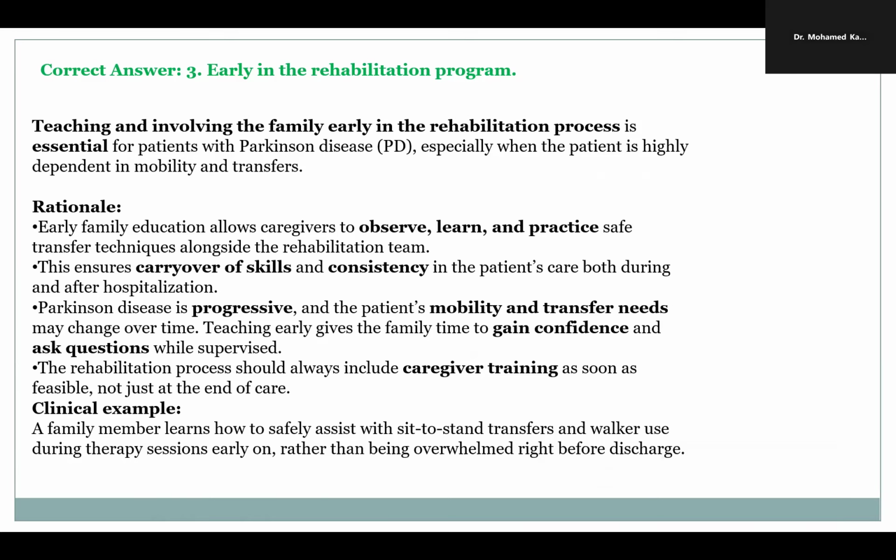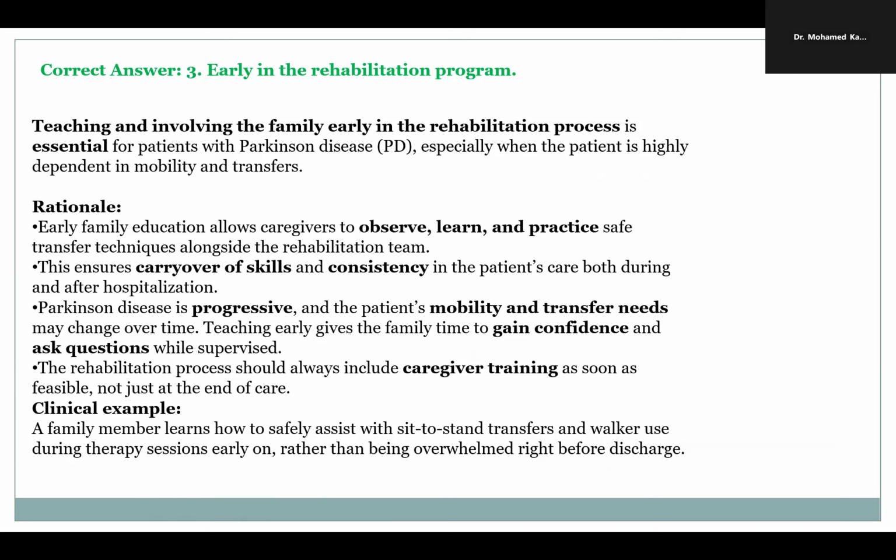So one of the goals for these progressive diseases or non-curable diseases is caregiver training, as soon as this is feasible or they can do it.